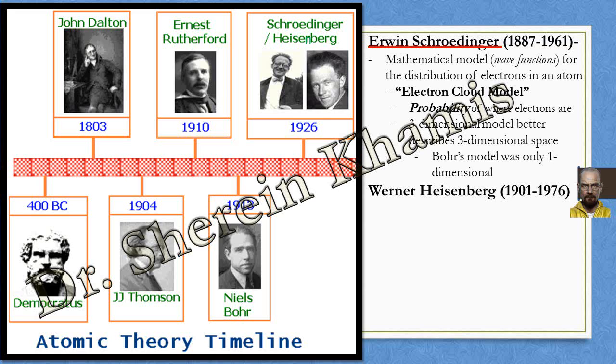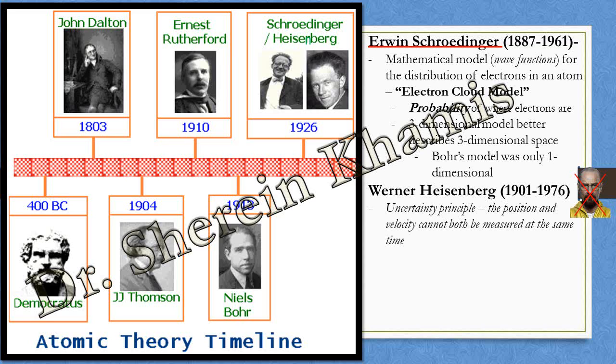Werner Heisenberg, from 1901 till 1976. What is the contribution of Heisenberg? Okay, he refuted everything that was taken before. Okay, so I'm not sure about anything that you have coming to me, and we can call it what?